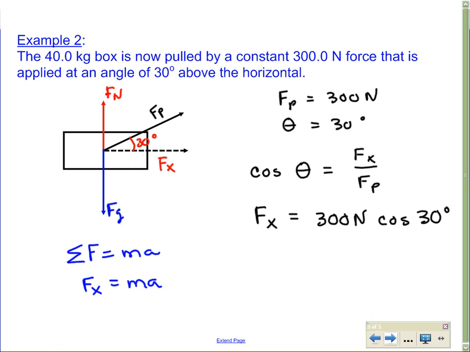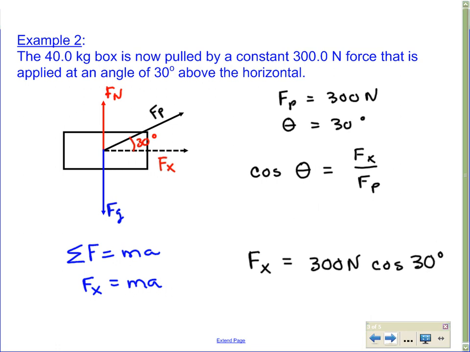I'm going to go back and just write that in before I rearranged it. So I had cosine of 30 degrees equals Fx over 300 newtons. If you do your mathematics, your Fx has a value of 260 newtons. So that's our only horizontal force.